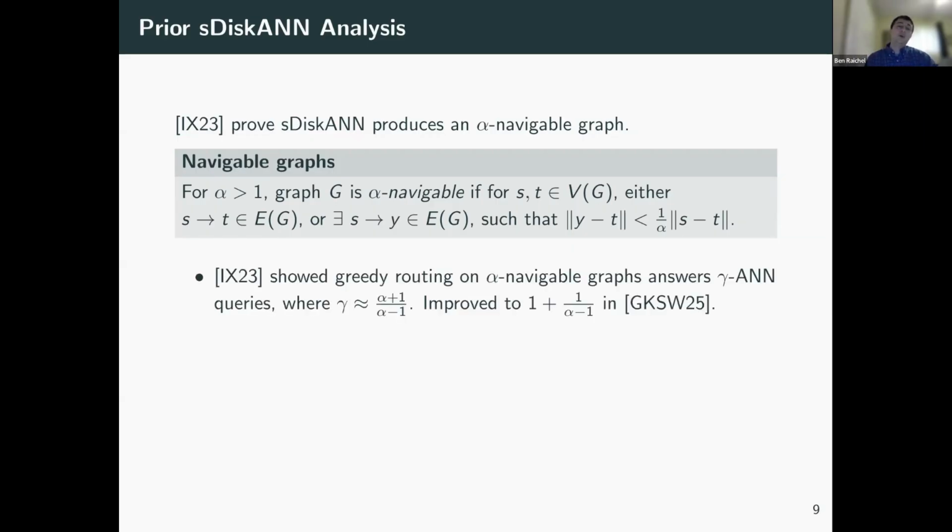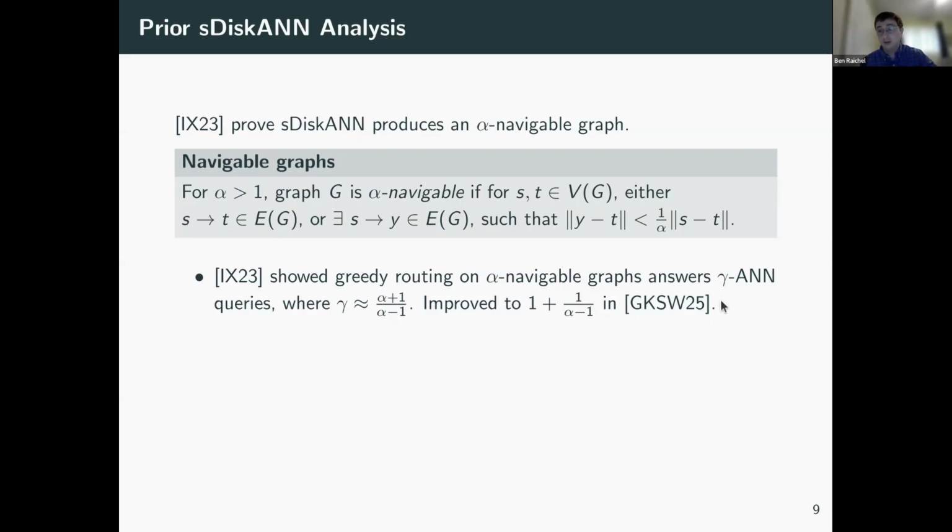And what they showed is that simple greedy routing on alpha navigable graphs will produce a gamma approximate nearest neighbor, where gamma is related to the alpha parameter by the ratio alpha plus 1 over alpha minus 1. This was later improved in another paper to 1 plus 1 over alpha minus 1.